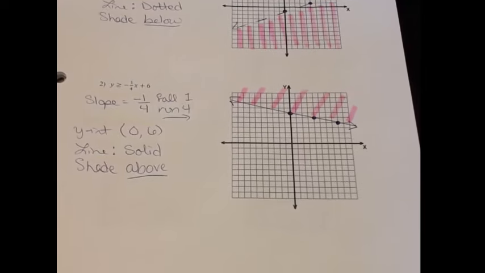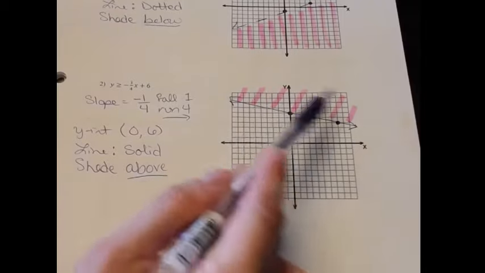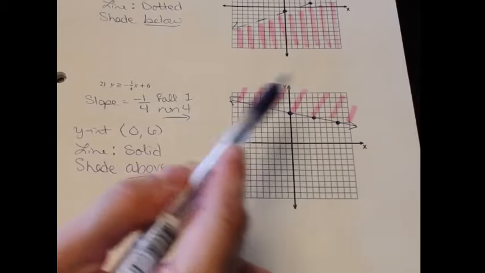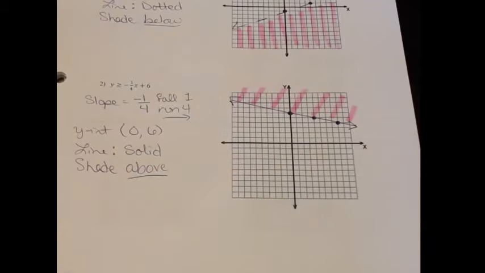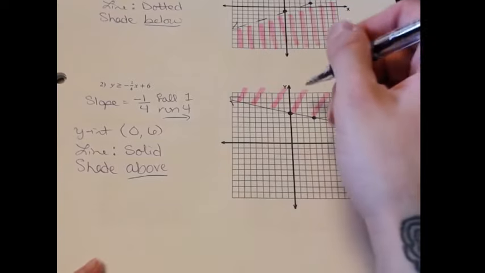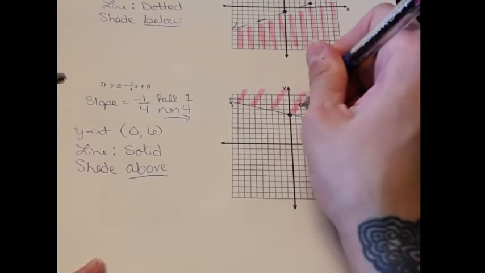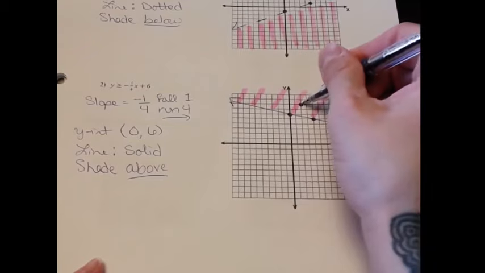Now, before we look at number 3, I want to teach you about testing the region to make sure that you shaded the correct space here. In order to determine whether or not you shaded the correct region, what you'll want to do is pick a point somewhere in the region you selected. So I'm going to pick at random, let's do, I don't know, this point right here. This is going to be a test point.